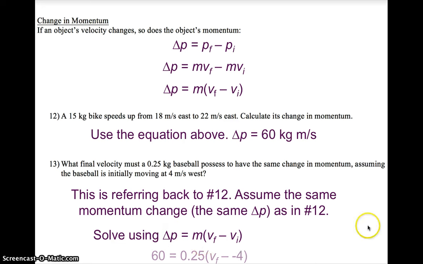The mass is given, it's 0.25, and the final velocity is negative because it's west. So you have to plug in a negative, which means you've got VF plus 4. Now I would divide both sides by 0.25 first, and then I would get rid of the plus 4 by subtracting it from both sides to get the final answer of 236.